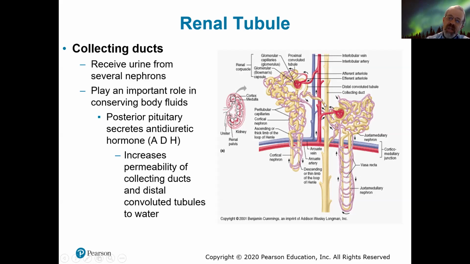But by the time we get to the collecting duct, there's still some water. So we want to finalize the process. We want to move whatever water we need in our bodies back into the blood. The hormone ADH acts on the collecting ducts to make them more permeable, so we can move water from the collecting ducts back into the blood. So antidiuretic hormone is the hormone of interest here.